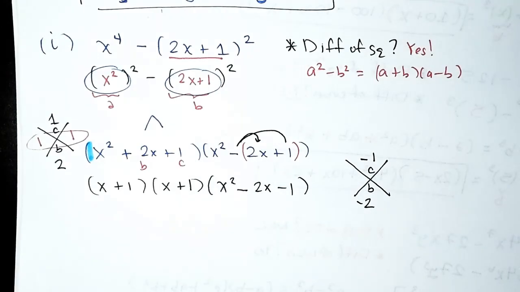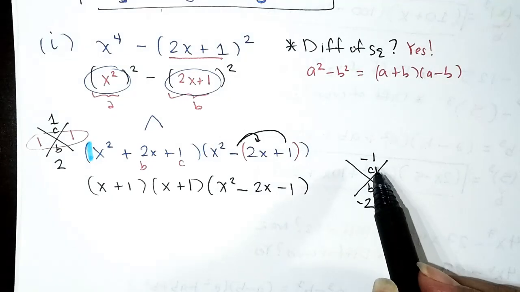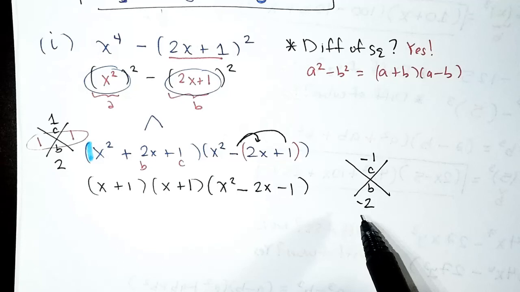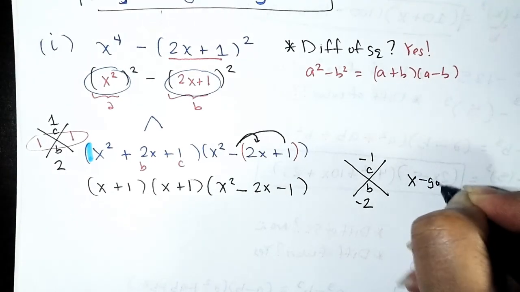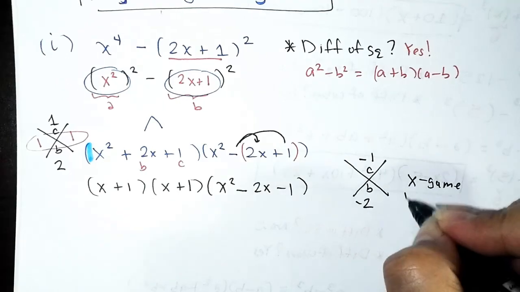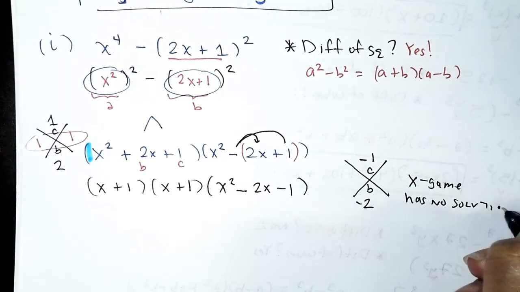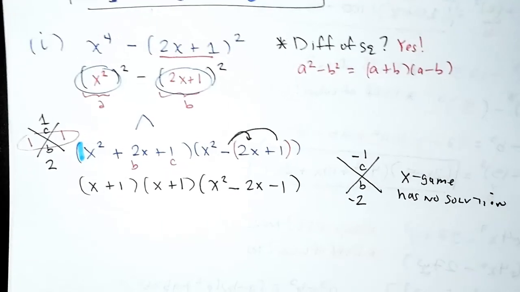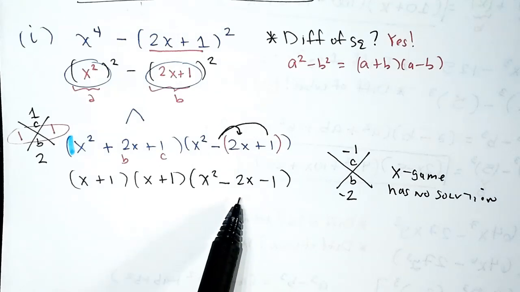Unfortunately, or maybe fortunately, we don't have integer factors that multiply to -1 and at the same time add up to -2. So the x game has no solution. If the x game has no solution, then the trinomial is not factorable.